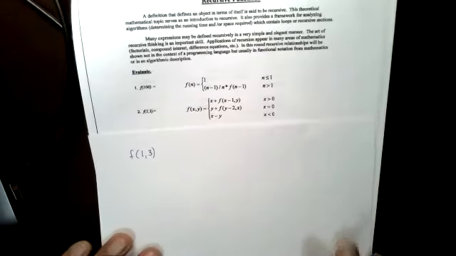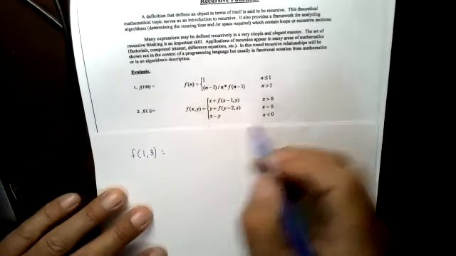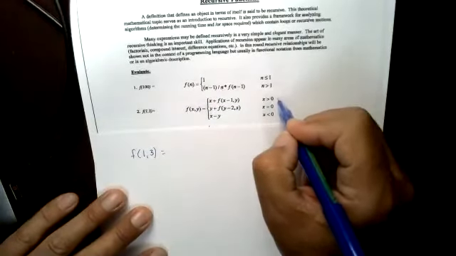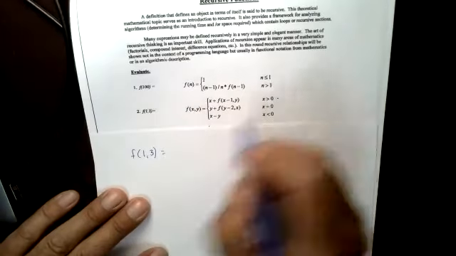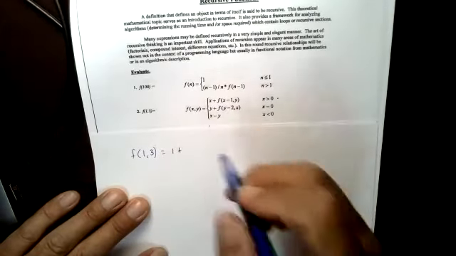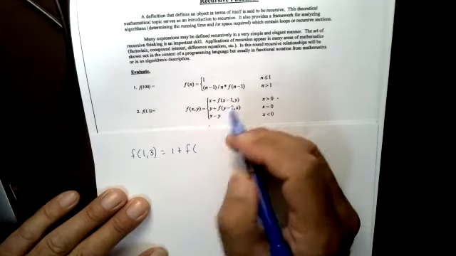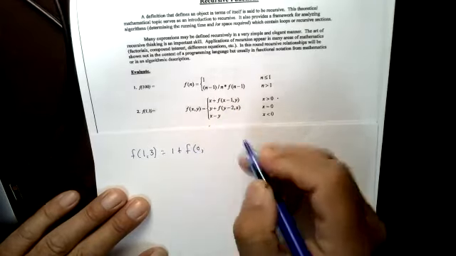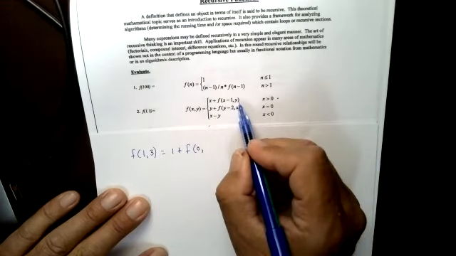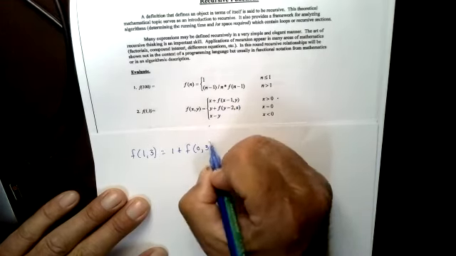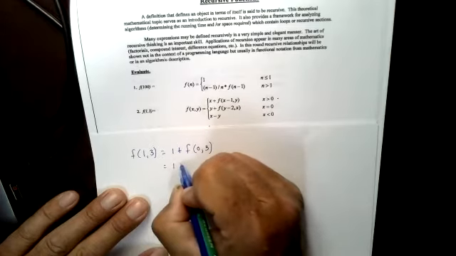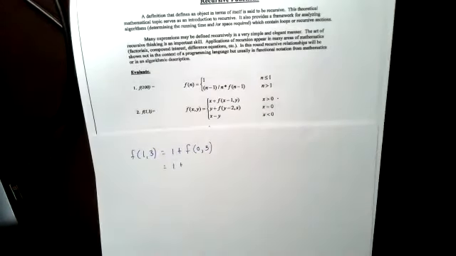So f(1, 3) is going to go to this first line, and it becomes 1 plus f of x minus 1, which is now 0, comma, the y value is 3. So I'm going to have 1 plus, and now this is where that recursion starts to go deeper, down and down and down.